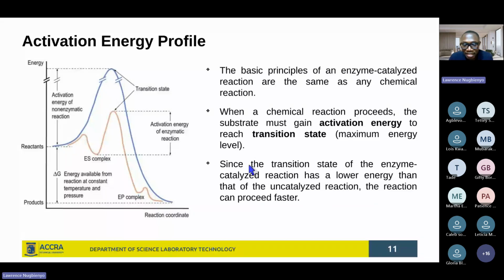If the energy level at which they were was not stable, then those molecules would not have been existing. So for instance, water exists because it has a stable energy level at which it exists as water.